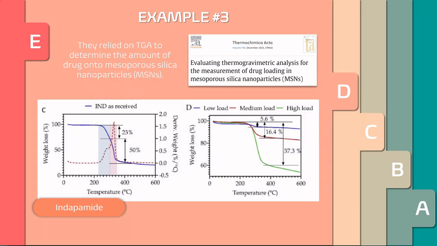In this case, indapamide decomposition happens in a two-step process. After drug loading, the weight loss step appears in the same region as indapamide, indicating its degradation after being loaded in the silica particles. By subtracting the differential weight loss between the curves and knowing the percentage lost by the pure drug, it is possible to discern the amount of drug effectively loaded, as shown by the percentages in the figure.